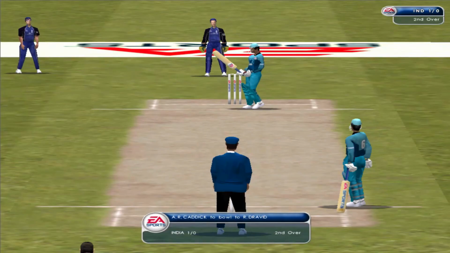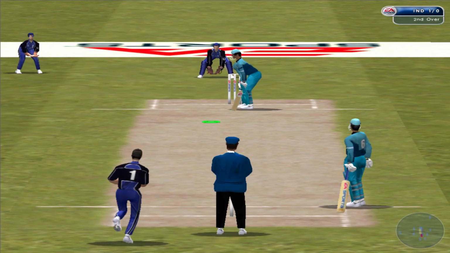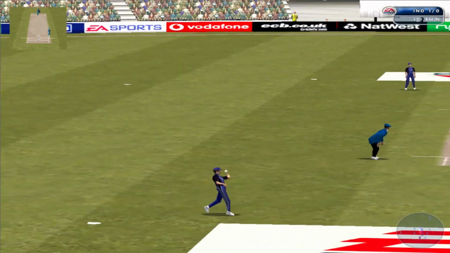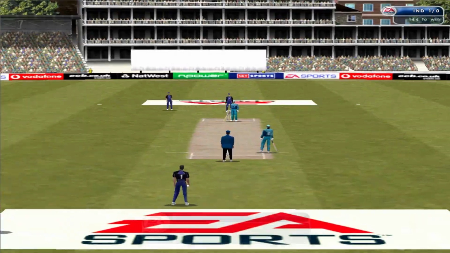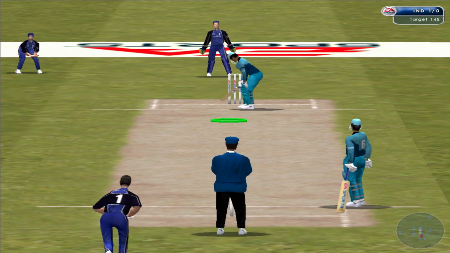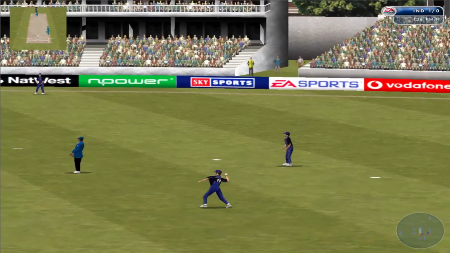India will be looking to take full advantage of the early fielding restrictions by scoring some quick runs. Carrick to begin a new over. The required run rate has crept up to around 7.5 and over. Stopped by White.